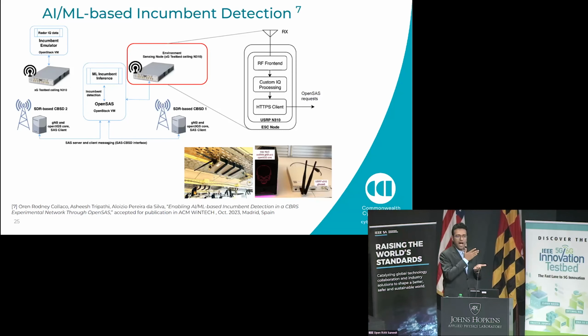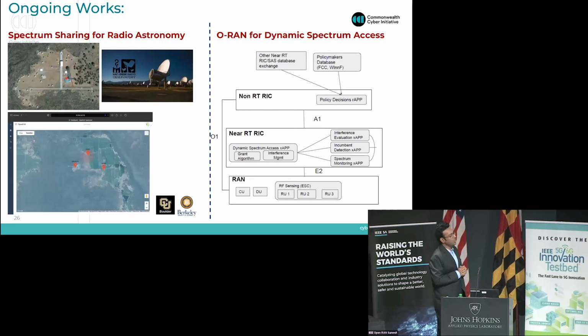The idea of having the SAS is to protect the incumbents, but for that, you have to detect the incumbent first, right? This is one machine learning algorithm we have used, and we have published this; it is already accepted. It will be presented at ACM WiNTECH this year in Madrid. That showcased AI/ML-based incumbent detection in a CBRS-based experimental network with Open SAS.